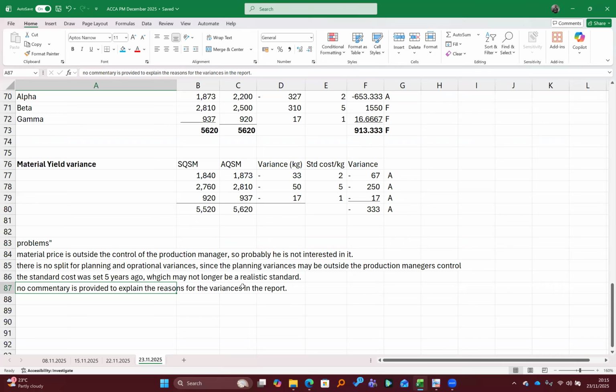So you would say, this means that the production manager may not have an understanding of what has caused the variances and may not be better suited to change anything to actually make the variances become favorable. So you have to provide context. You have to provide meat to whatever you have put as a text there.